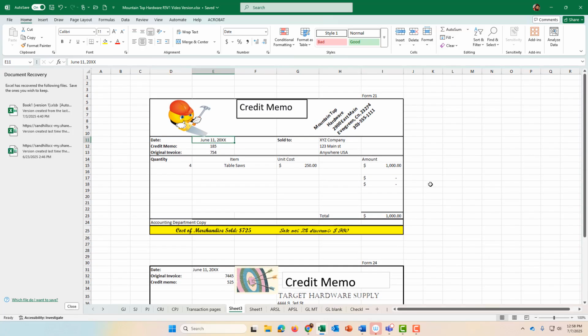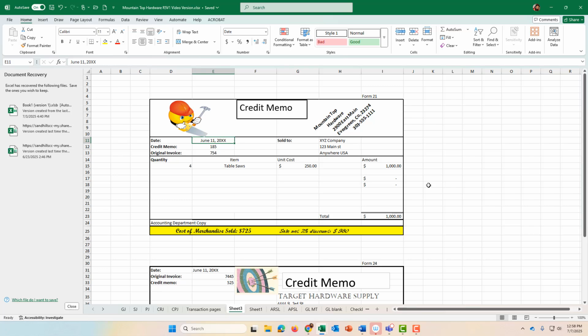So just a little brief overview of what credit memos are. In this case, some company called XYZ Company bought some stuff from us. We sent them an invoice, we sent them the inventory, and they got it and said, well, we don't really want this stuff, and they sent it back. They sent back 4 table saws that we charged them $250 each for a total of $1,000.